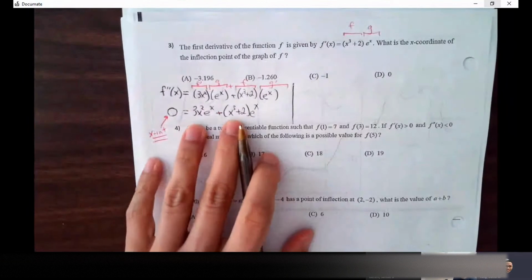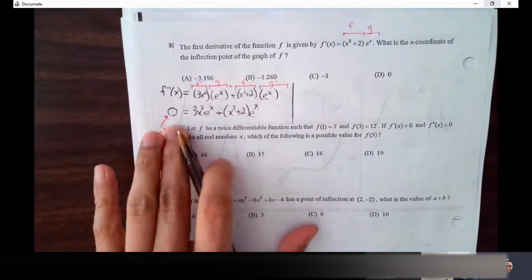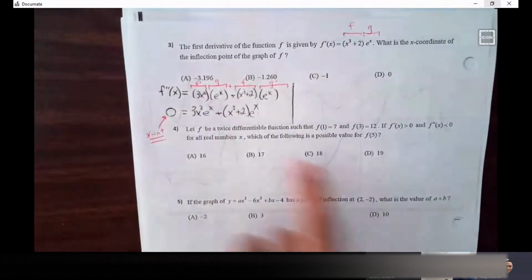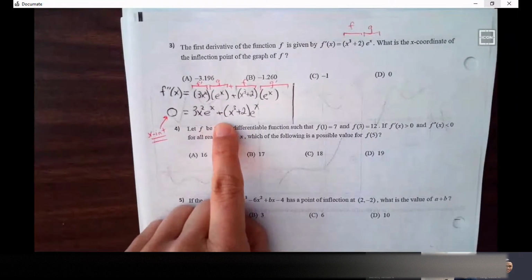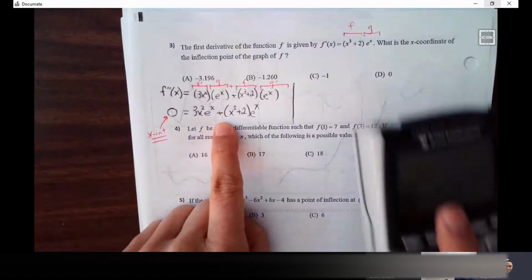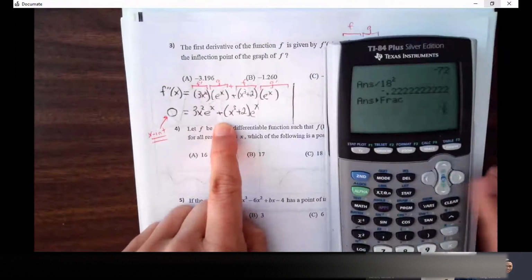Basically, right now we're looking to see when is f double prime equal to 0 and seeing if there's a change in sign. So I'm going to graph this. You can also go through numsolve and find that value, but I'm going to graph.